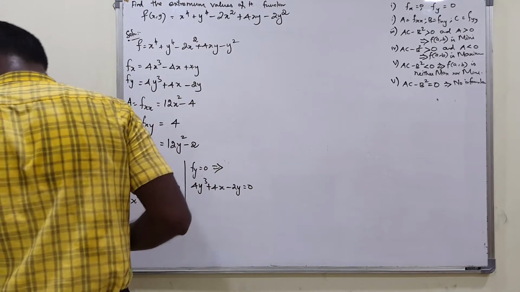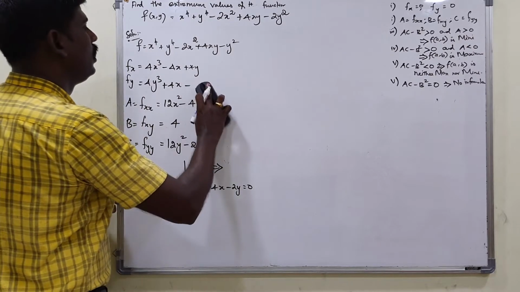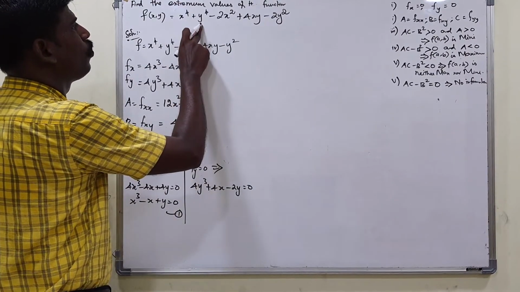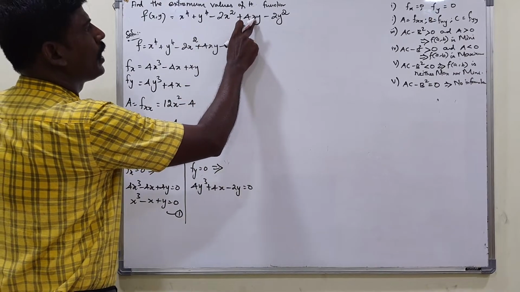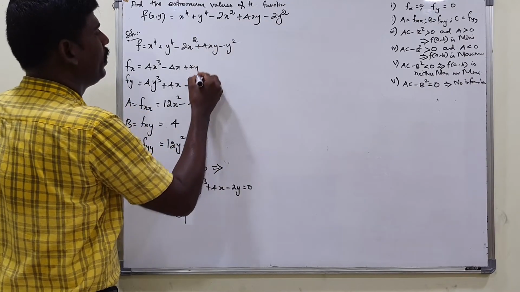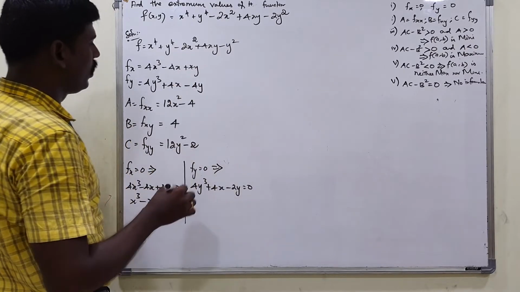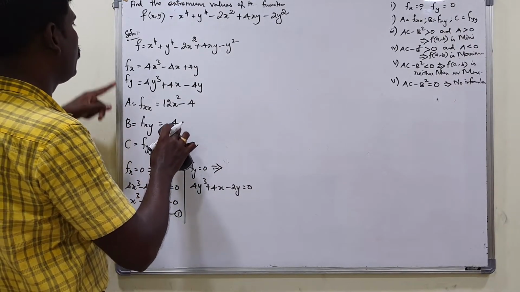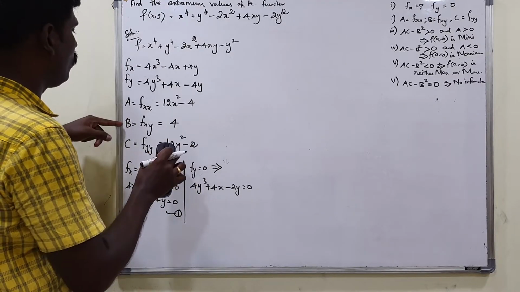What is fy? Here I am mistaken. It is 4y, isn't it? So taking derivative of f with respect to y, this becomes 0, 4y cube, 0, 4x into 1, 4x minus 4y. It is not 2y. Okay. So when taking fx, no problem, fy, no problem.